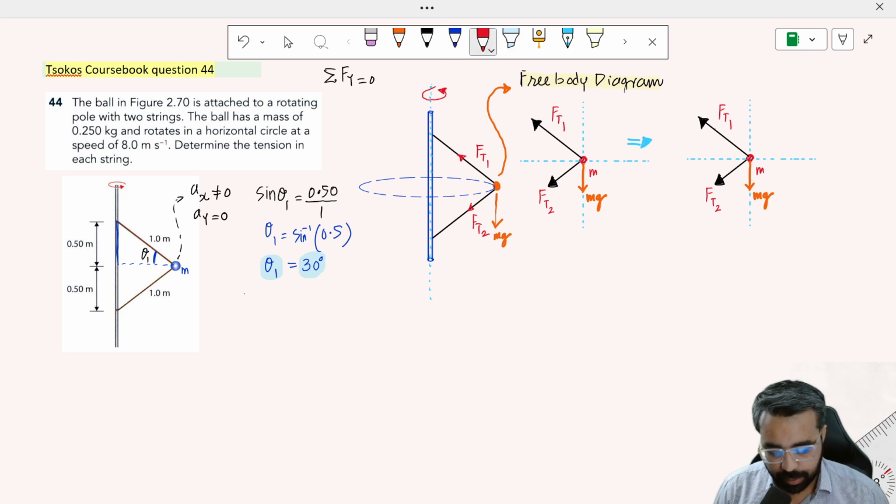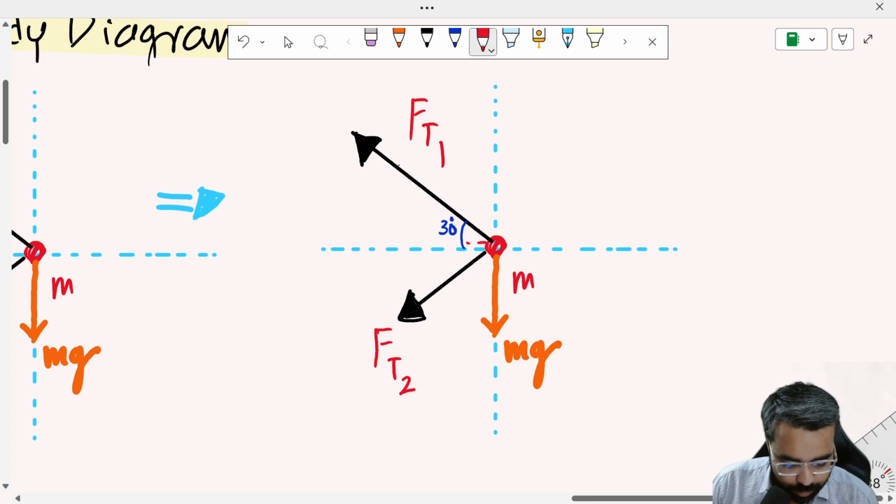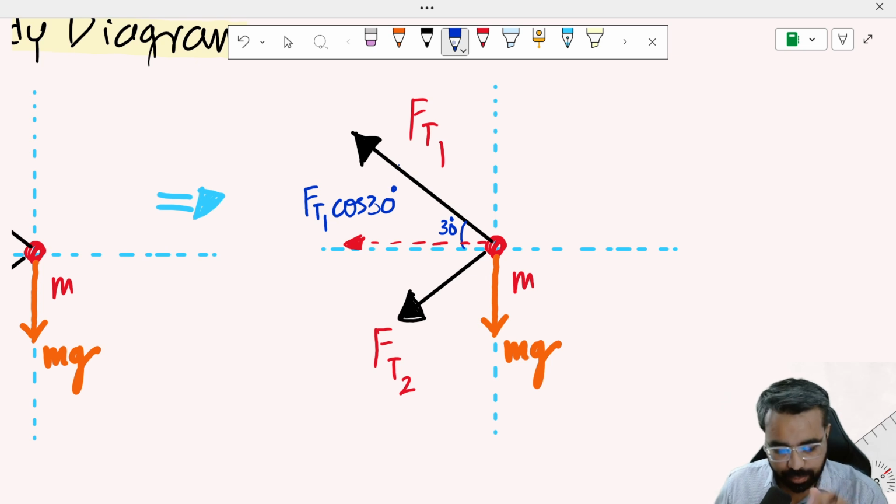So if this angle is 30 degrees, the other angle, this angle, is also 30 degrees. Now I'm going to show you these angles here and we will make the components. So this is the angle 30. When you make components, one component of this force is exerted towards the left, and we can say this is the force of tension 1 cos 30, because it is adjacent to theta.